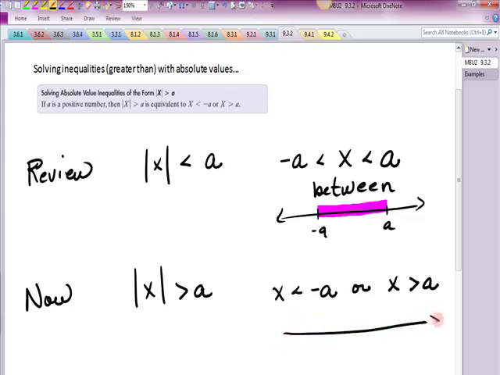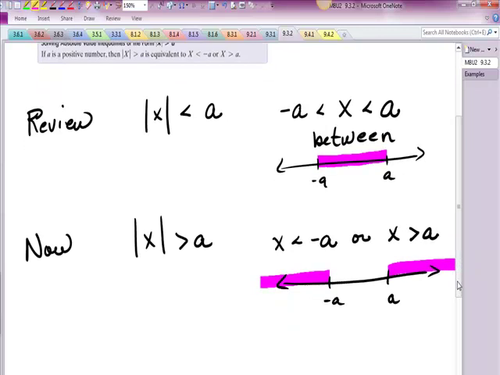Instead of the between notation, we're going to be looking at what I call the extreme notation. So it will look like any number out there has an absolute value that'll be bigger than a. Any number here, this direction, has an absolute value that is greater than a.